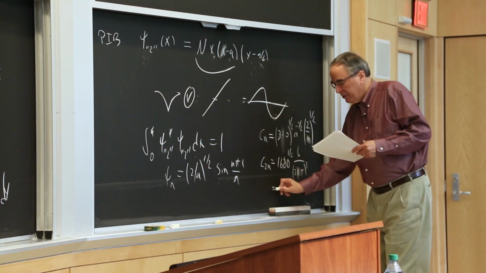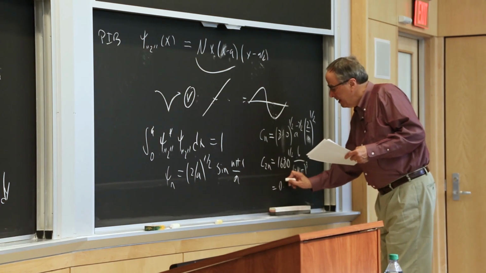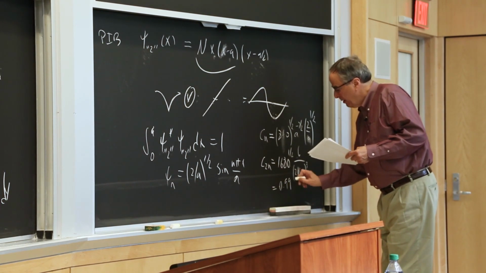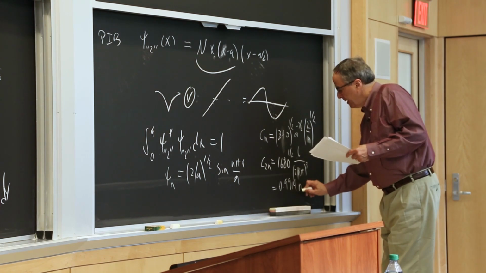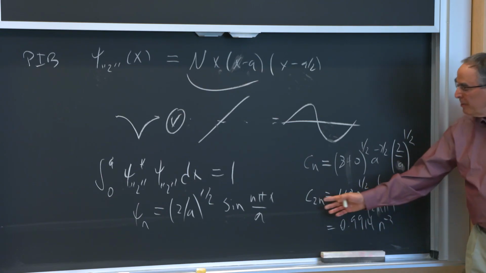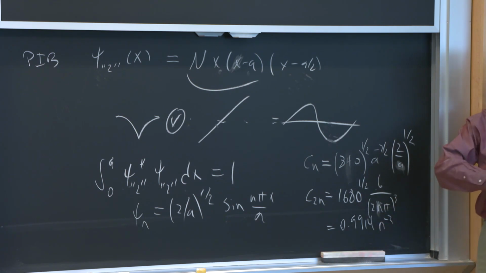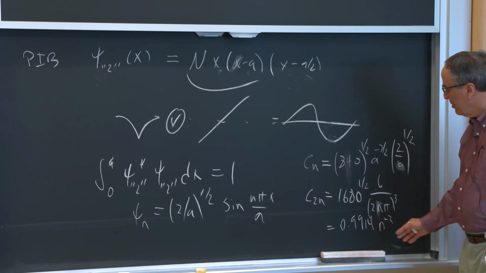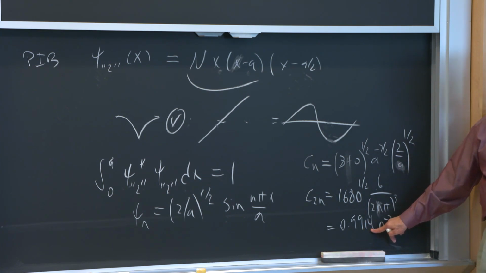And that becomes equal to 0.9914 n to the minus 3. So this is a general formula which you can derive. I don't recommend it, and I don't think it's really important. The important thing is what I'm about to say. And, oh, I have no time. This is almost 1.